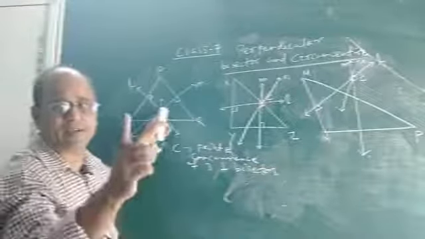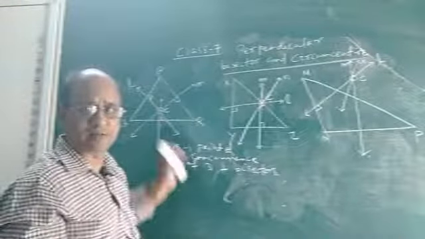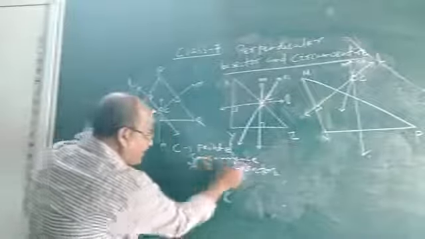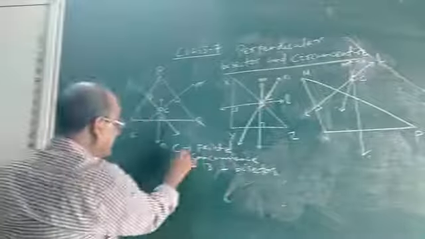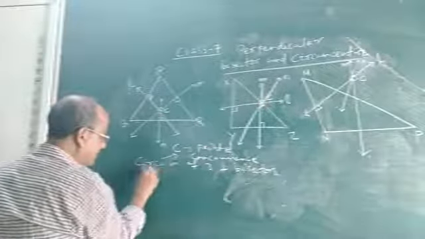This point C is the point of concurrence of the 3 perpendicular bisectors of this triangle, I mean of the 3 sides of this triangle. So what is this point C called? This point of concurrence of 3 perpendicular bisectors of 3 sides of a triangle is called the circumcenter.